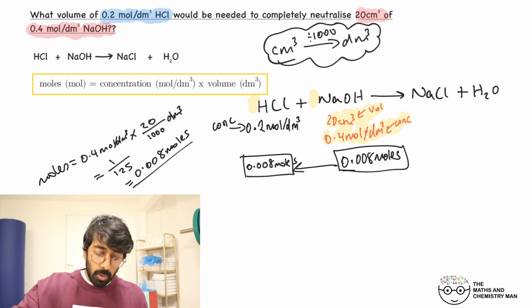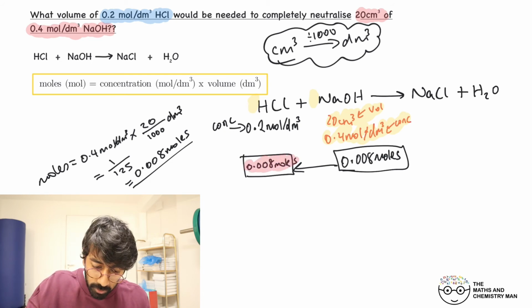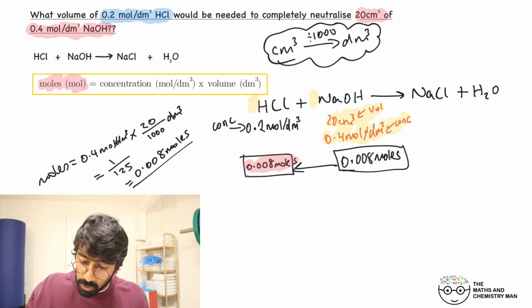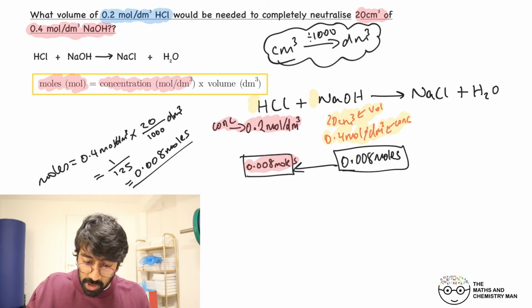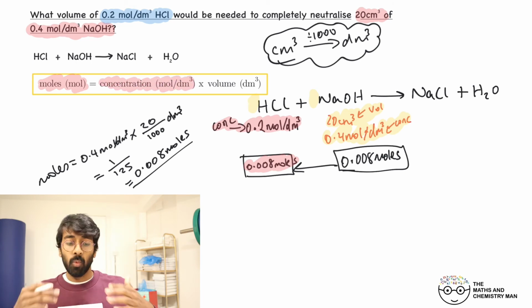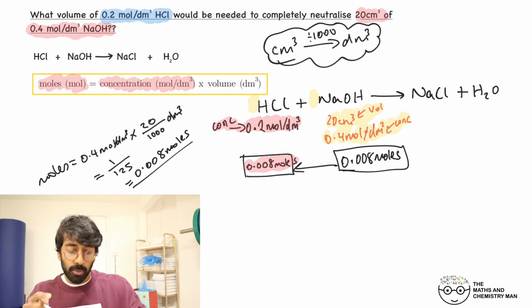Now for HCl, what info do we have? Well, we've got moles, so that's good. And we've also got concentration, that one over there. So if we've got that info, we can work out volume. How do we work it out? We just need to rearrange the formula a little bit, right?